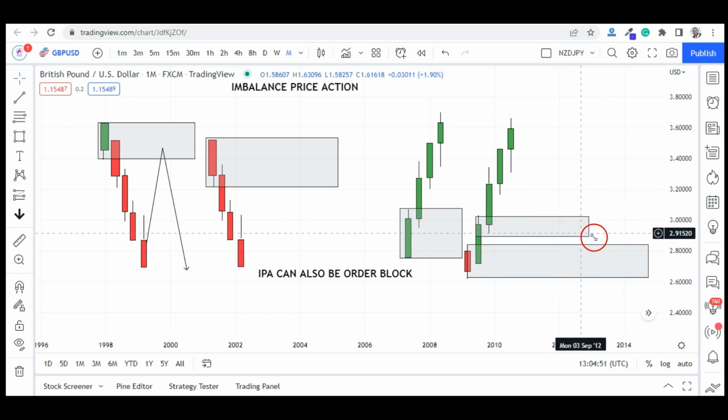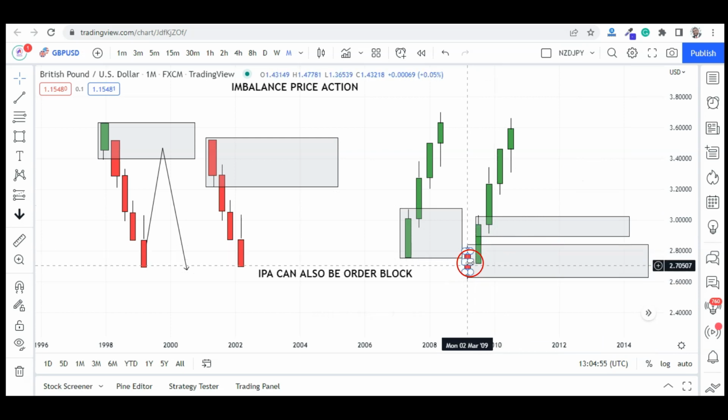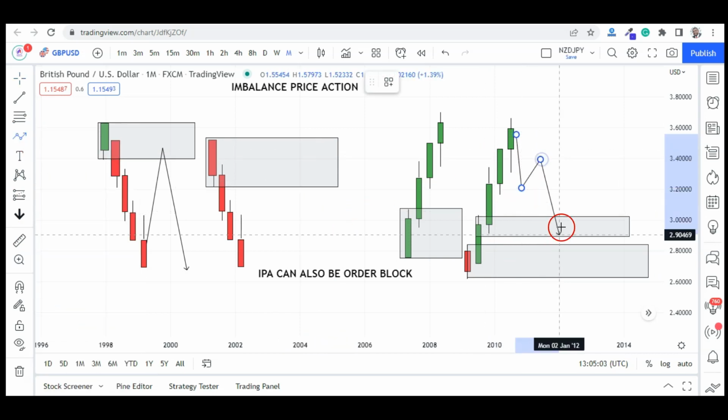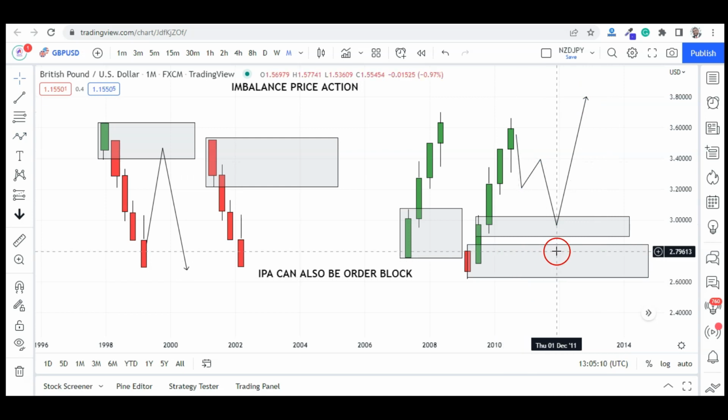If this has happened to you before, you can put it in the chat, whereby you are looking for price to mitigate your untapped or fresh order block, and price simply tapped into this point of interest, hidden base, and then left without you.